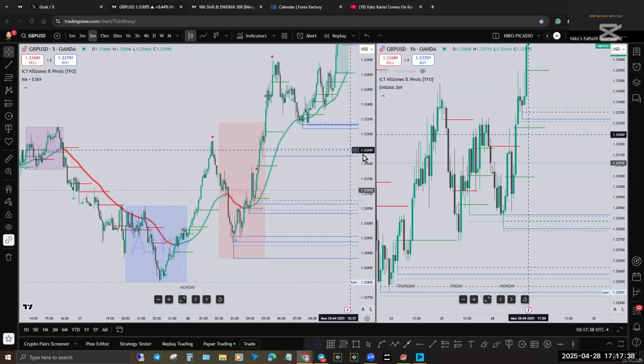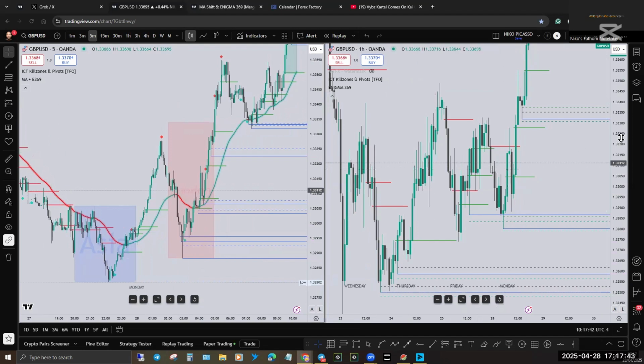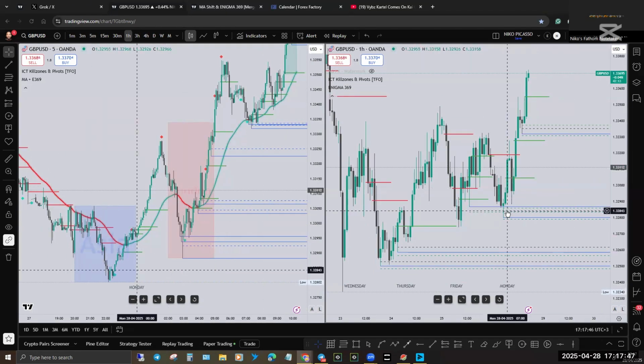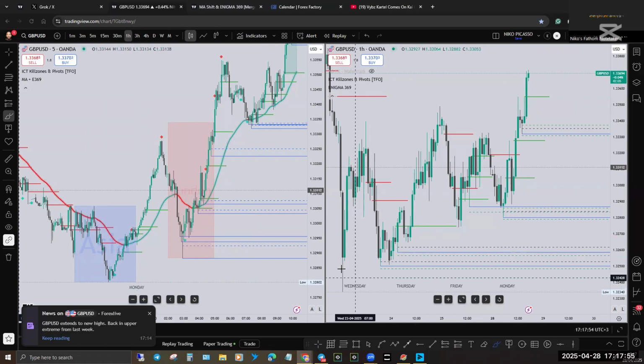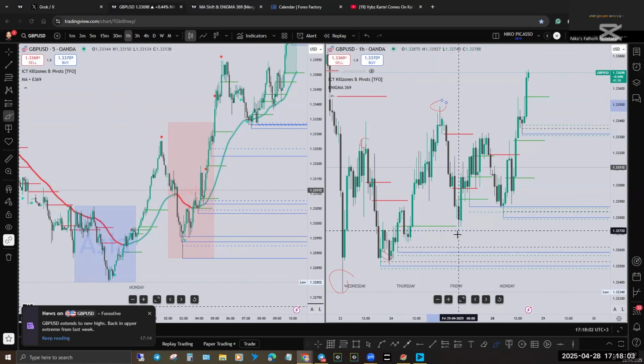So in my logic, the best way to do it is to always use the higher time frame by default, such as at least the 1 hour time frame, to understand the key levels. Because when the market is trending, if it's a bullish trend, the market is going to create a low, then a high, then a higher low, then a higher high, and vice versa.